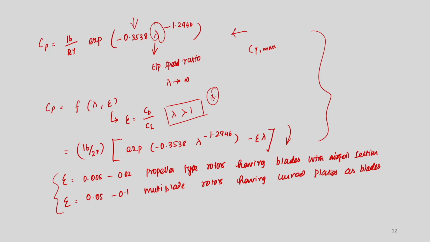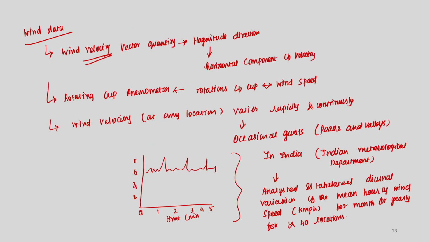You should be very careful about the applicability of those correlations and whether any assumptions are being made. For example, if you want to do it for propeller type rotors, or for multi-blade rotor types, then your epsilon may not be similar. Such information one should be careful about before using any type of correlation.